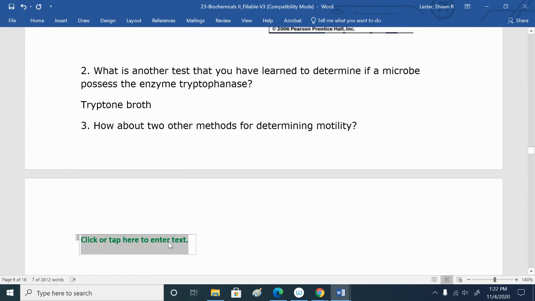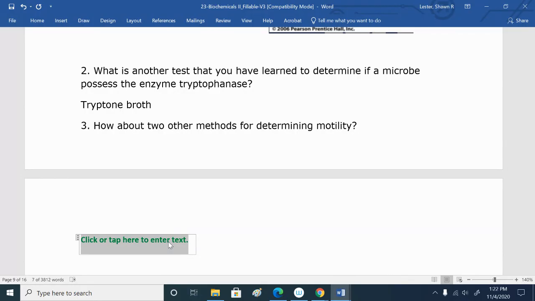How about two other methods to determine motility? When we talked about motility in lab, what two techniques did we talk about to help us determine motility?